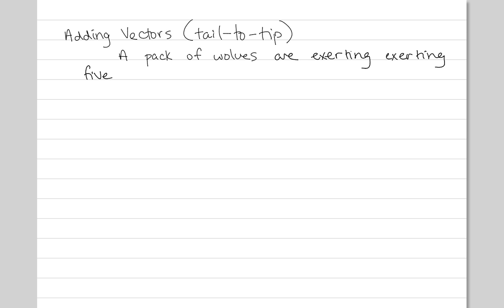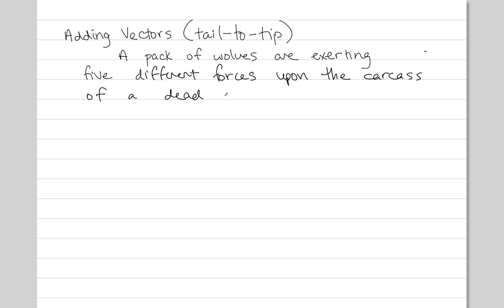A pack of wolves are exerting, twice, that's odd, are exerting 5 different forces upon the carcass of a dead animal, which weighs 100 kilos.